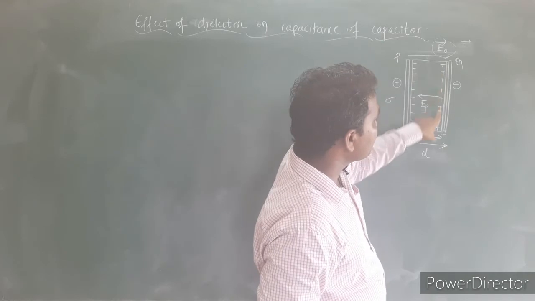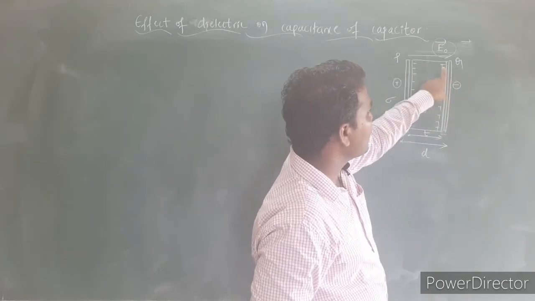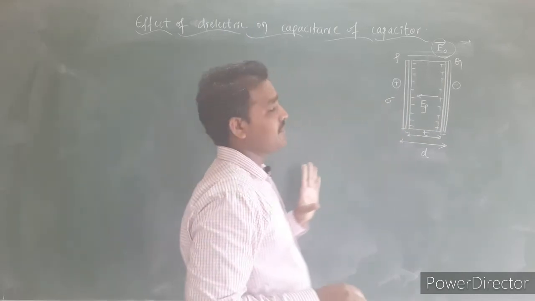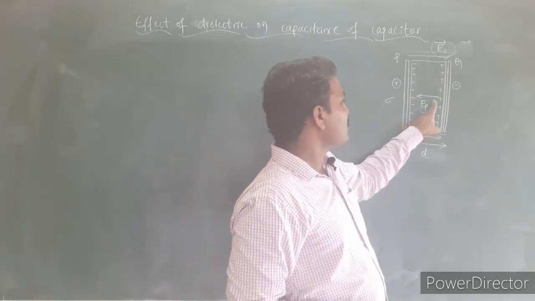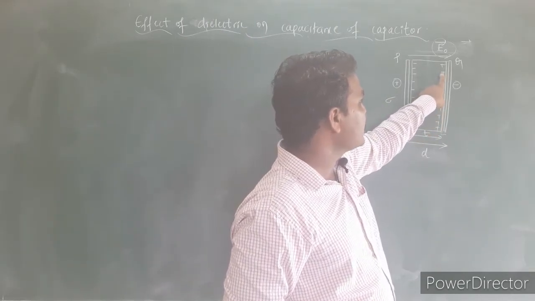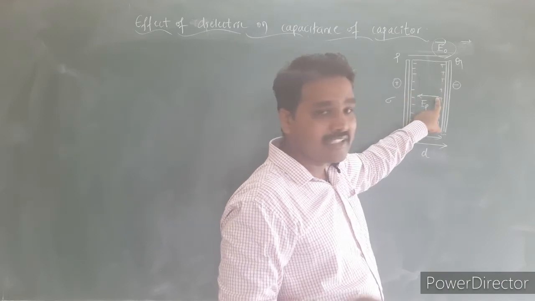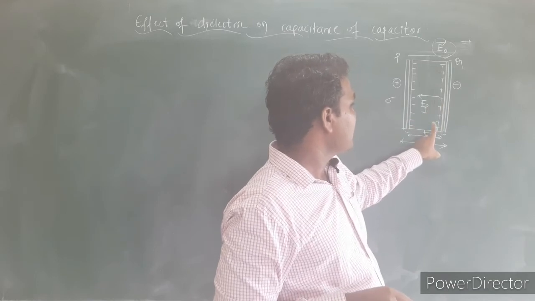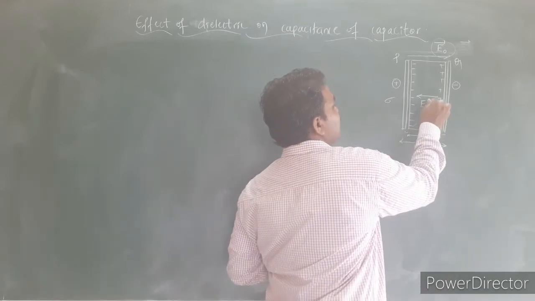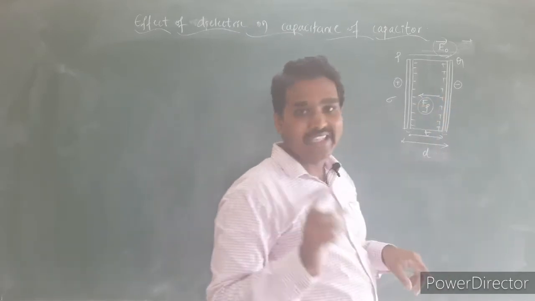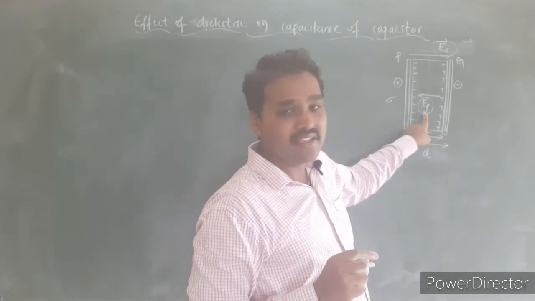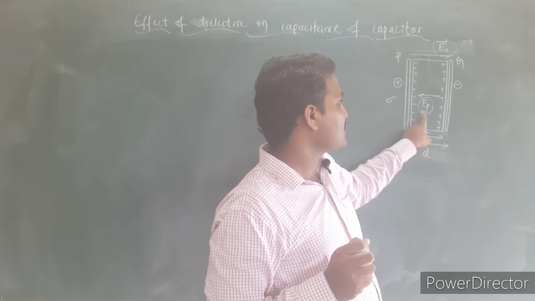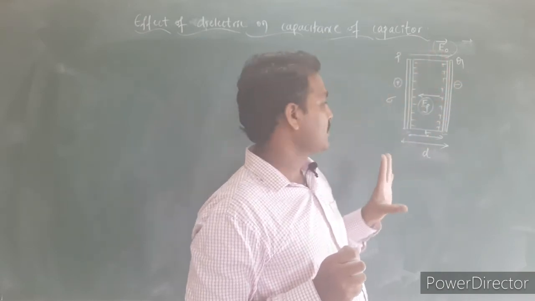On the surface close to plate Q, we have positive charges induced because of polarization. Because of this polarization, there will be another electric field induced in the dielectric slab. I call that induced electric field EP. So, this EP is developed because of polarization of the charges in the dielectric slab.